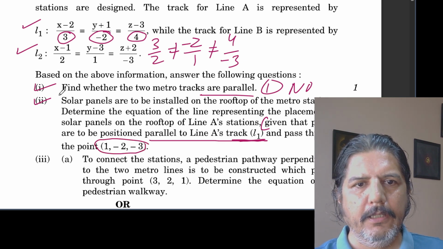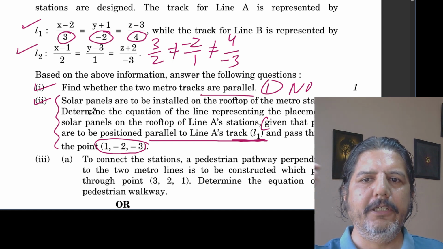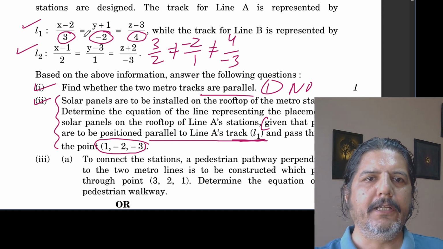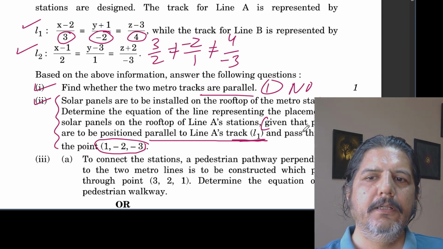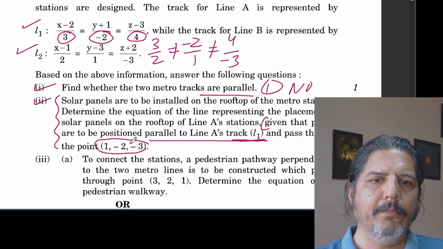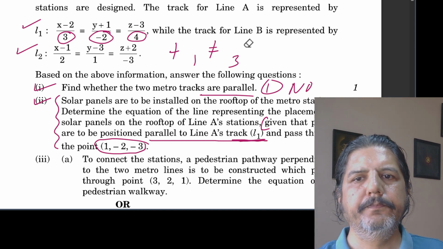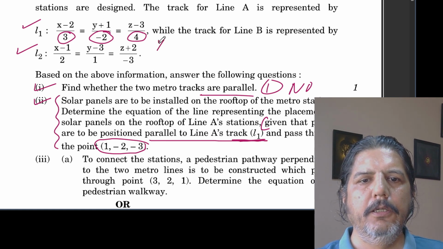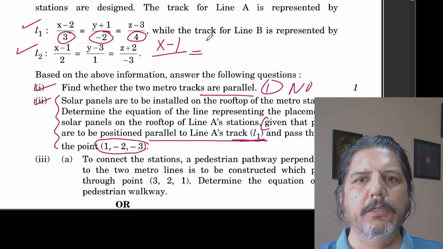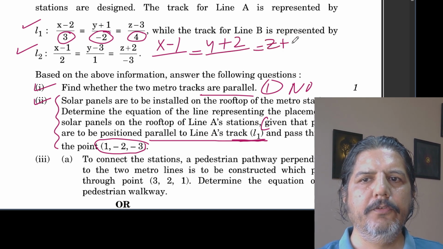So in all this story, what they are trying to say is, we want the equation of a line which has direction ratios 3, minus 2 and 4, and the line passes through the point 1, minus 2 and minus 3. Again, simple. What we'll do is x minus 1, y plus 2, z plus 3.